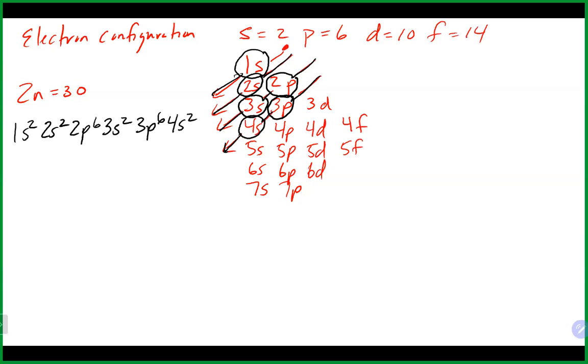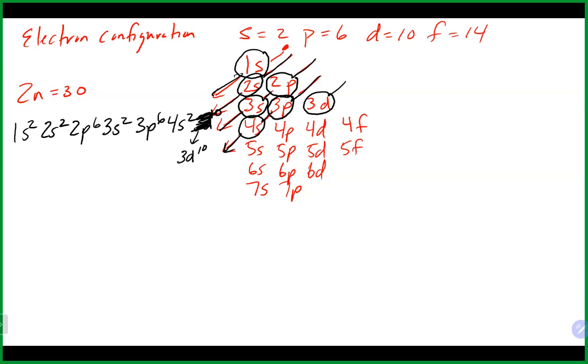So coming through here, we're going to go to 3d next. And that would be 3d10 at the end. And that should be 30 at that point, and that would be the electron configuration.